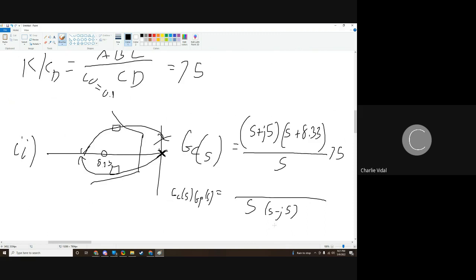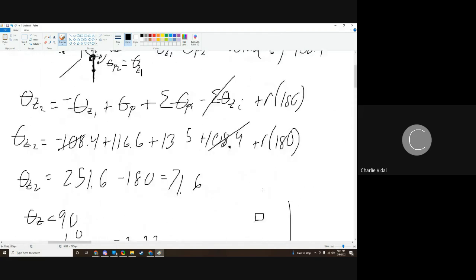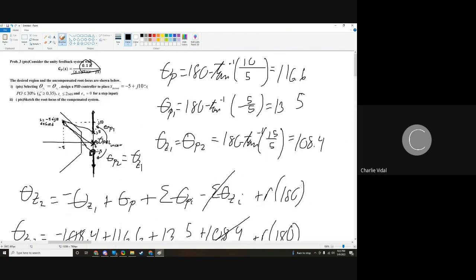Am I canceling out S plus J5? Yeah. S minus J5. And then the 0, S plus 8.33, 75 times 0.1, so 7.5K. Okay. Yeah, I think on the last one I did not put K.